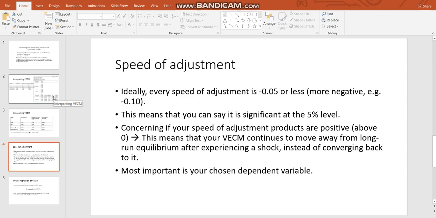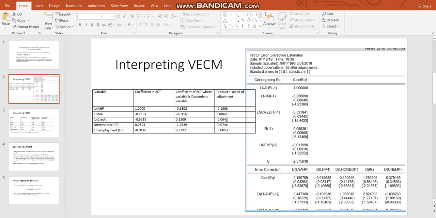So if we go back to here, we can see that one, minus 0.18, is really good. Now this is the really questionable one, my money supply, because that's got a positive coefficient. So what does that mean?